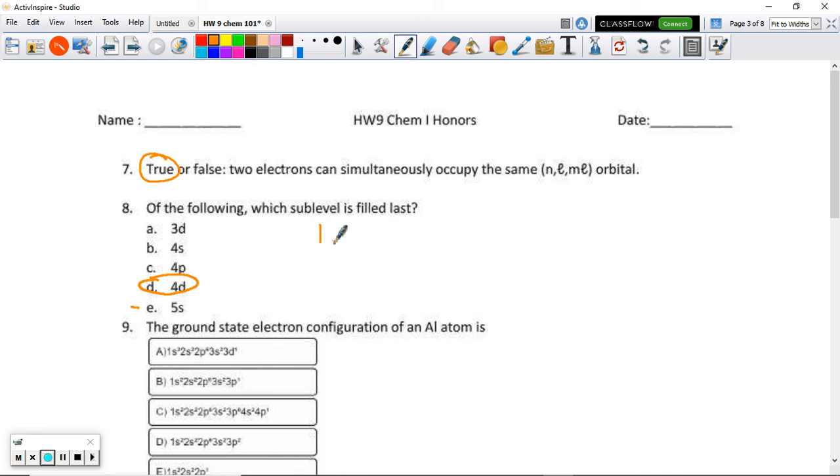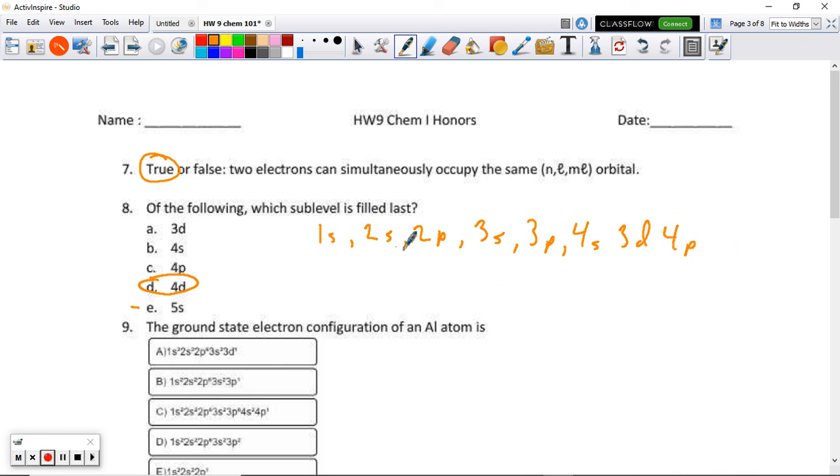Because you fill 1s before you fill 2s, then you fill 2p, then 3s, 3p, 4s, 3d, 4p.